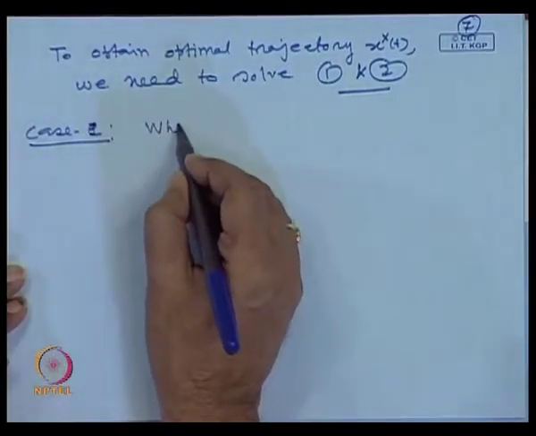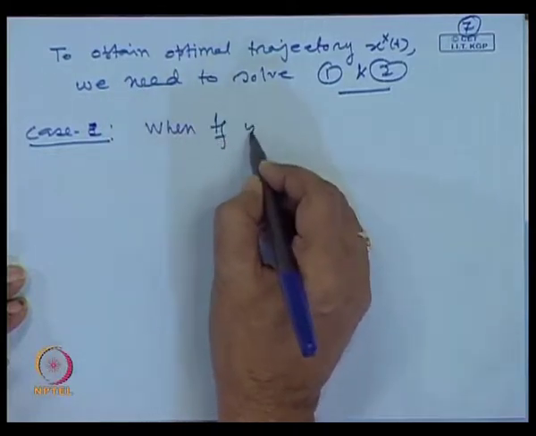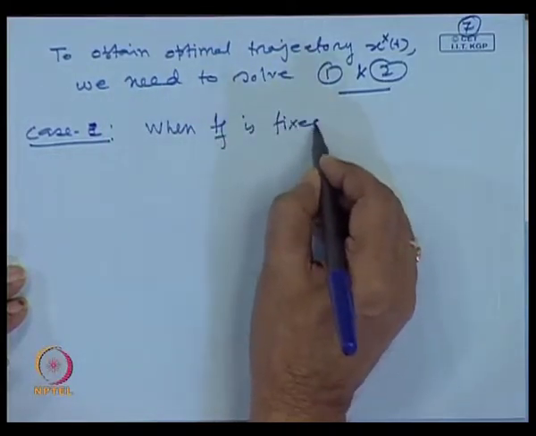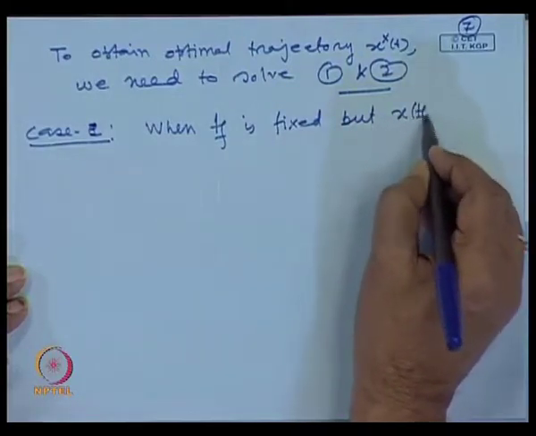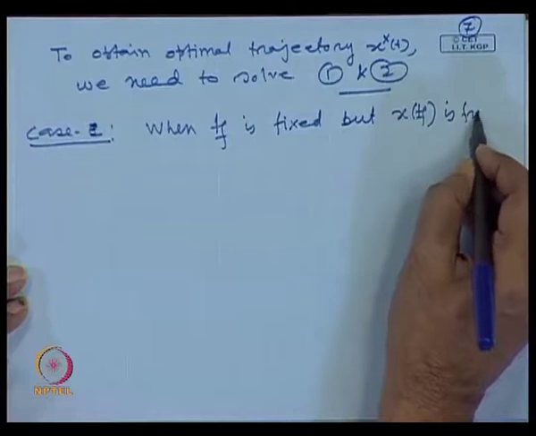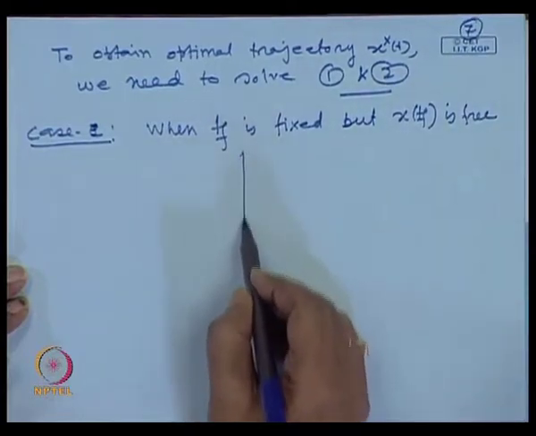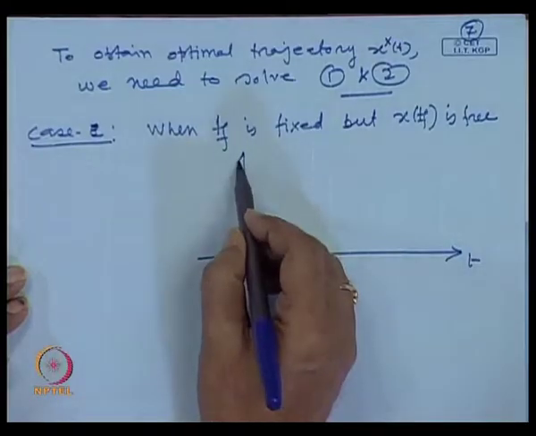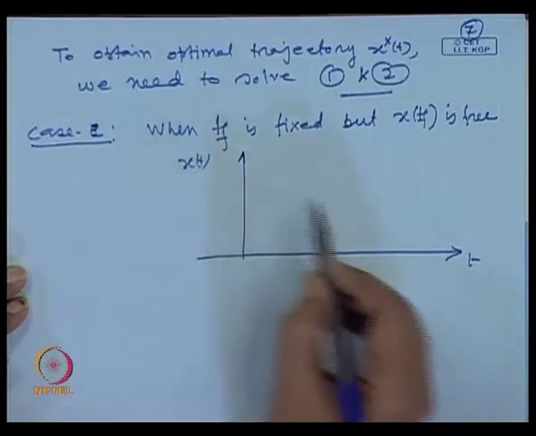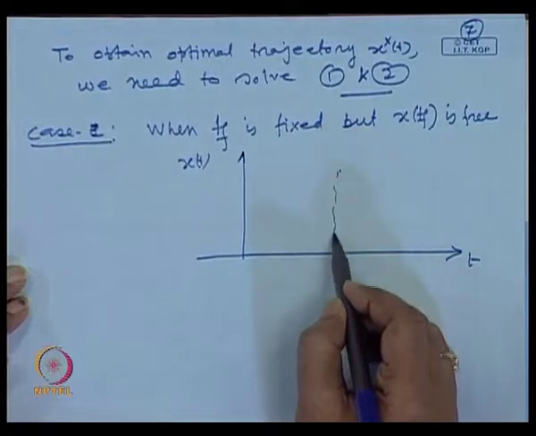Now, case 3, or case C, when T f is fixed but x of T f is free. The corresponding figure you can visualize this way: this is t, this is x of t, and this is T f, which is fixed.